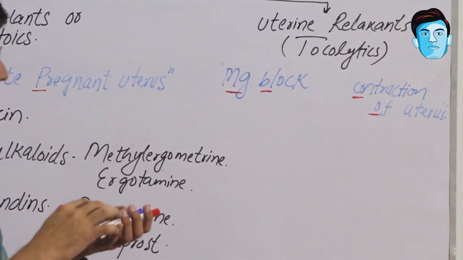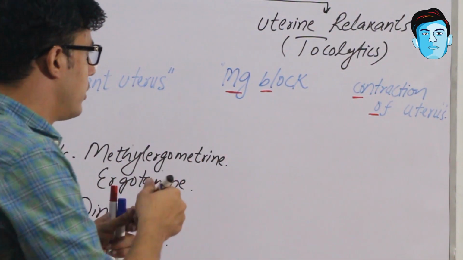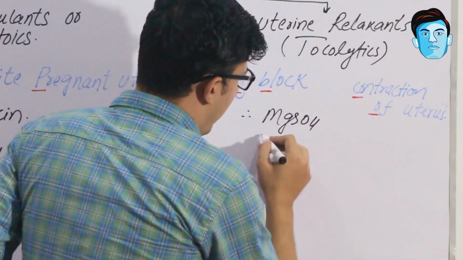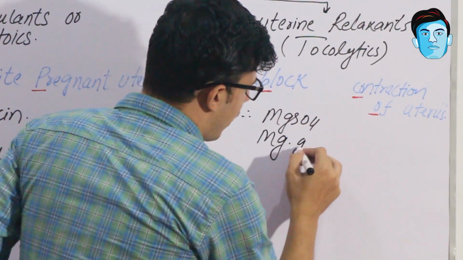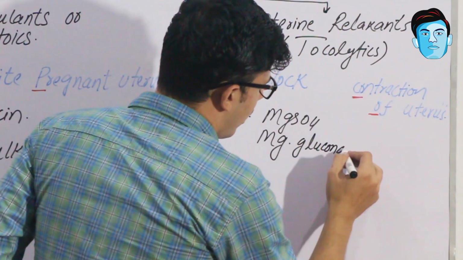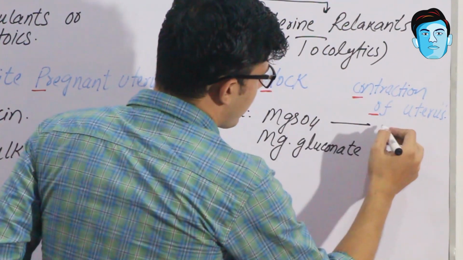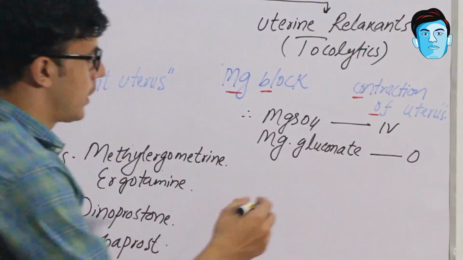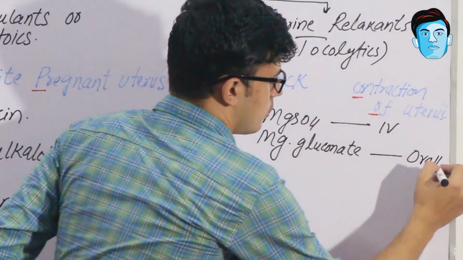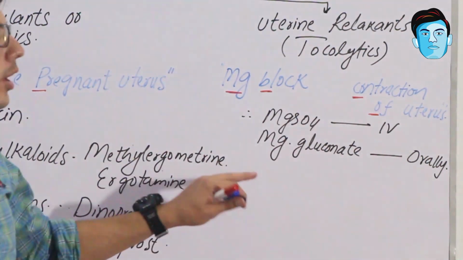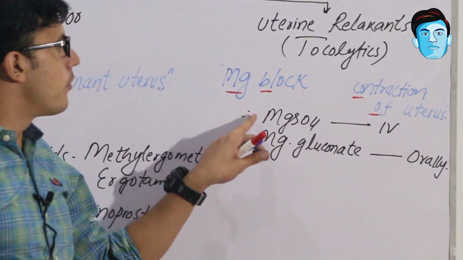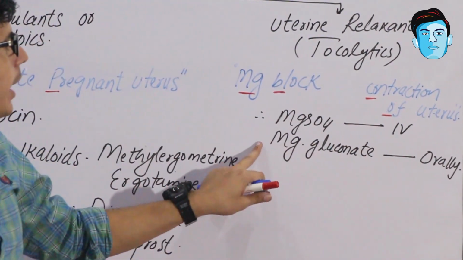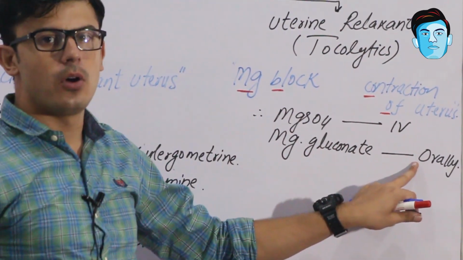M stands for magnesium sulfate and magnesium gluconate. Magnesium sulfate is given intravenously, and magnesium gluconate is given orally.